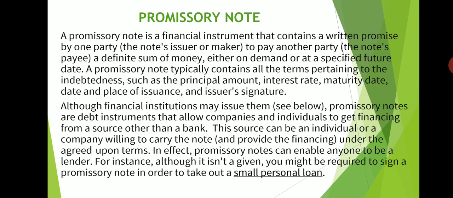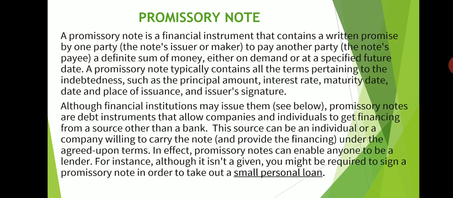And here the bank will become the third party. The bank will get the guarantee that the person is going to pay the third person after a specific period of time. So it is a kind of formal note.